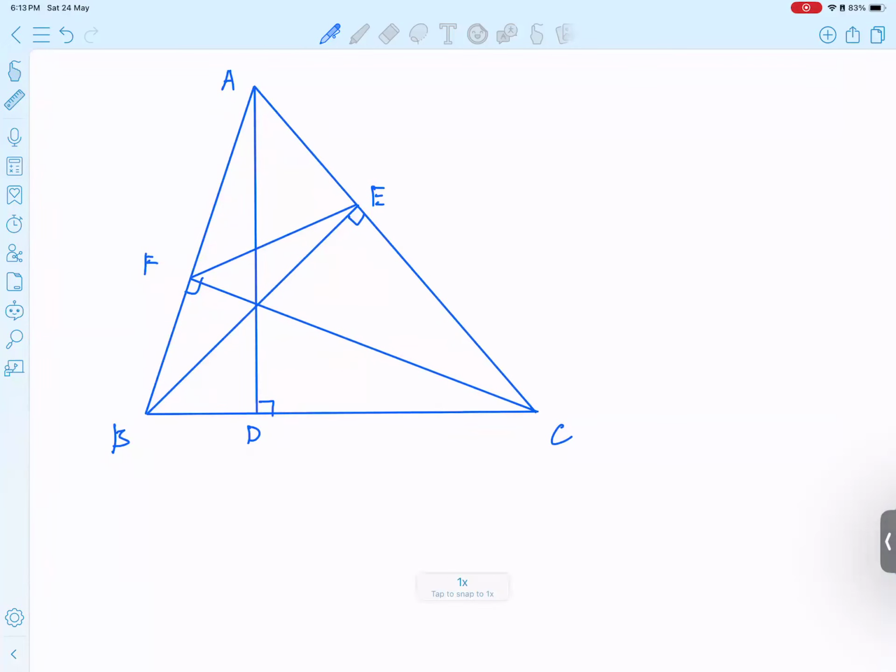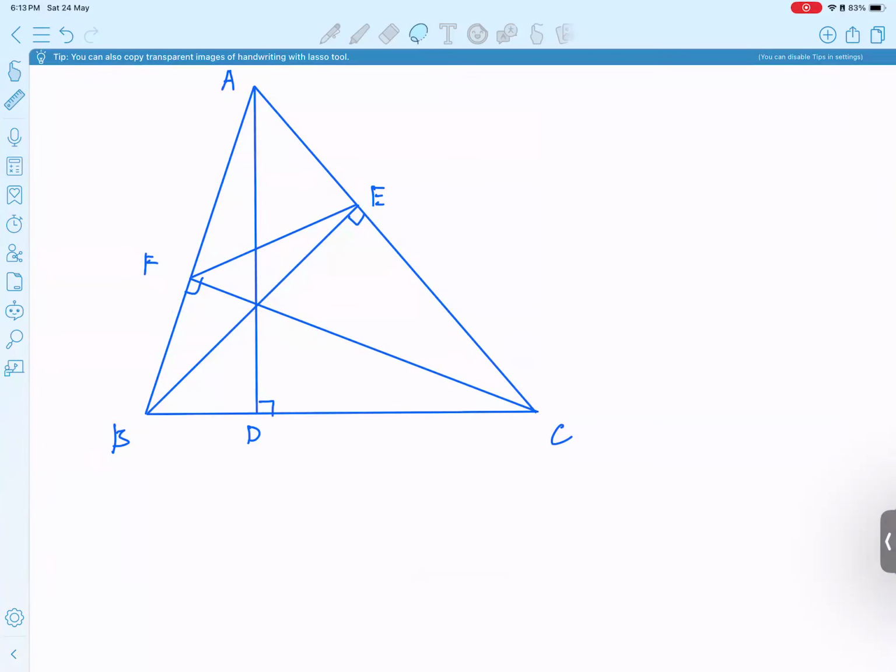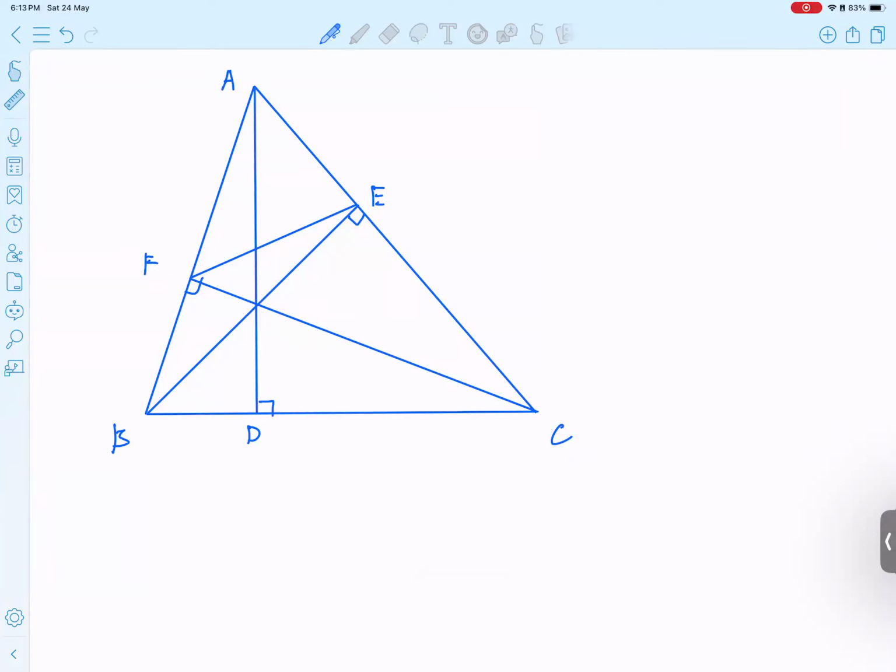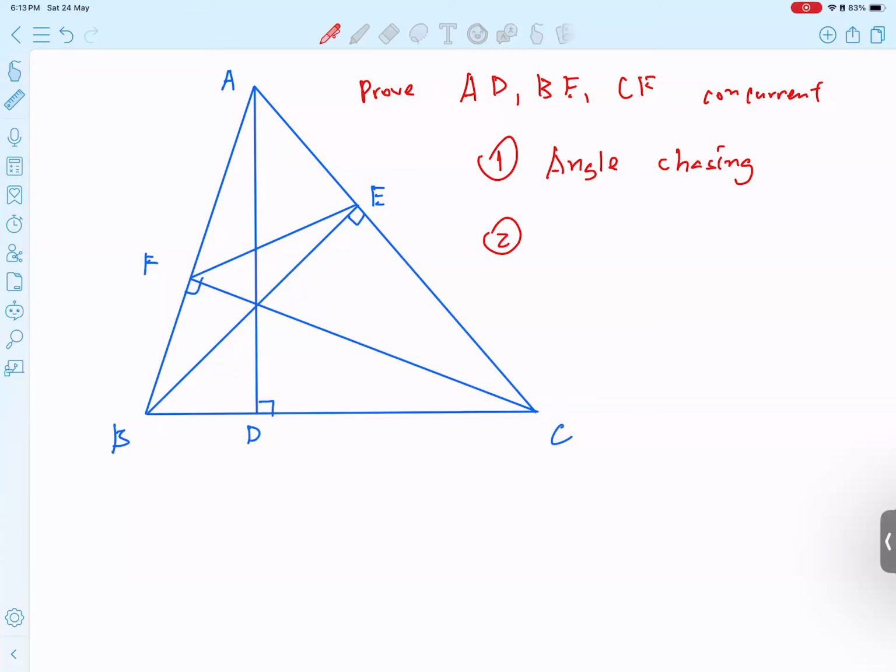Here we're asked to prove that AD, BE and CF, these three lines, are concurrent. There are two ways you can do it. The first one would be to use angle chasing, or length chasing with reverse construction. The second way would be to use, in this case, Ceva's theorem.